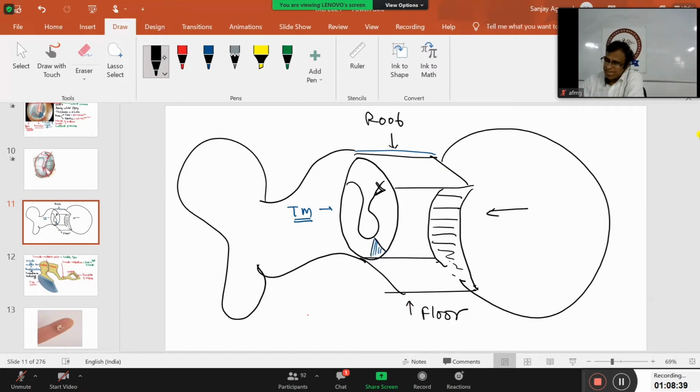And this bulge has a name. The name of the bulge is promontory. So this name is important, promontory. It's a bulge on the medial wall of the middle ear.